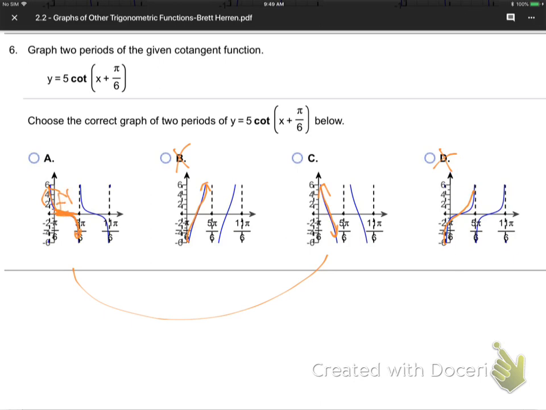Right there, it's flat. So it's C. That is the 5 in the front. So I'm glad Guillermo asked about that, because that turns out to be a game changer, doesn't it? The fact that it's more straight up and down makes it answer C, not A. You guys see what I'm saying? A is more flat in the middle like the normal tan or cotan. C's been stretched. It's almost straight lines. Good? It's making sense?